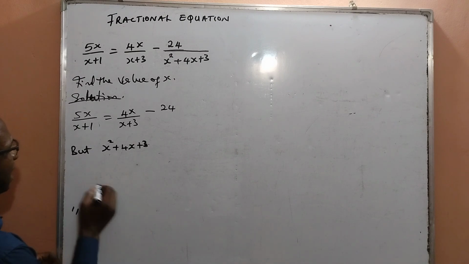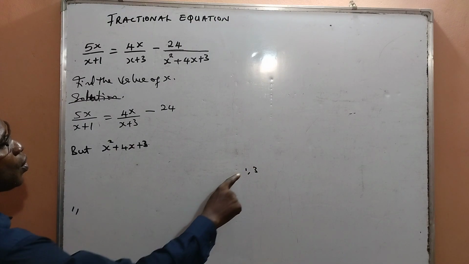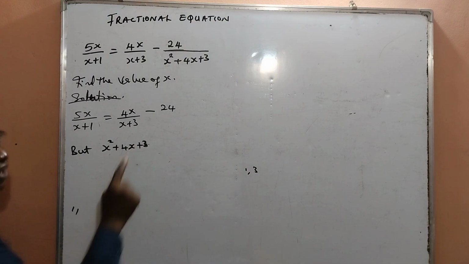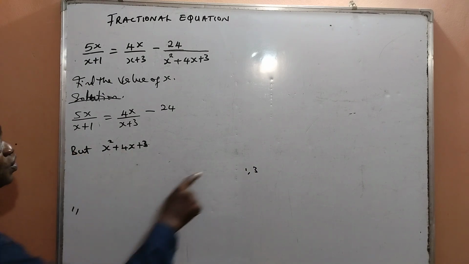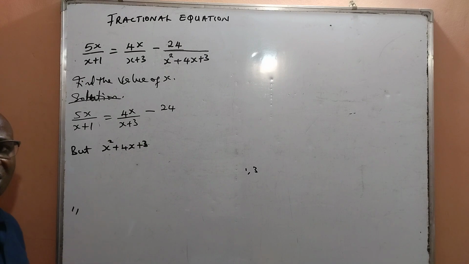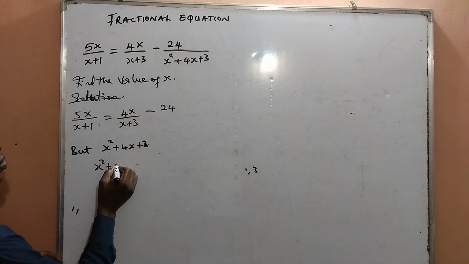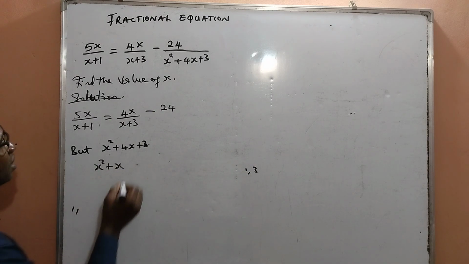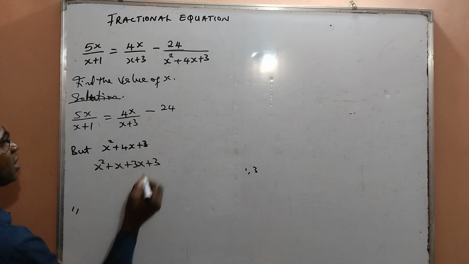Now, the two numbers are 1 and 3, because 1 times 3 will give me plus 3, and 1 plus 3 will give me plus 4. So I will use these two numbers to factorize this. That means I will have x squared plus 1x, which is x, plus 3x, then plus 3.